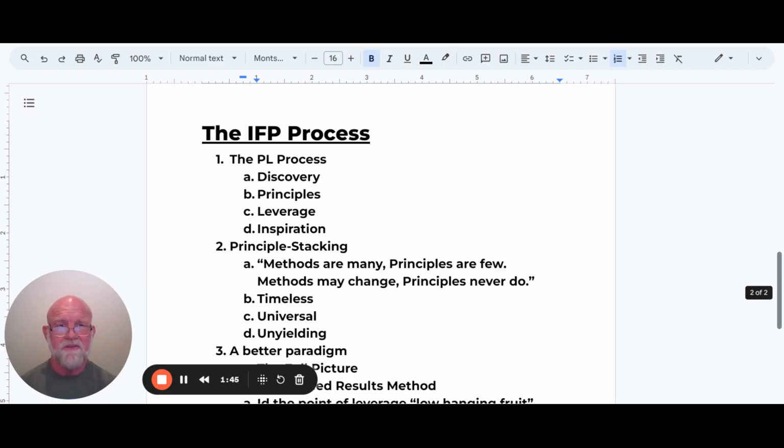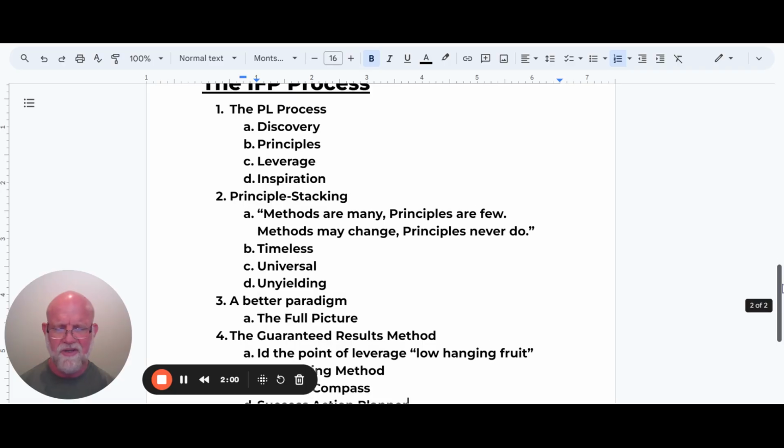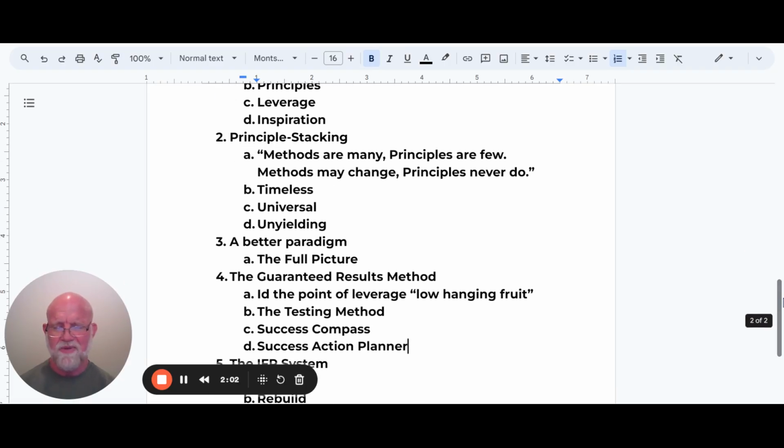With that, I'm also looking for what's your inspiration, like what is it that truly drives you? What are your challenges? What are the things that could stop us, that could get in your way of getting your result? And so that's the PL process. I mentioned principle stacking. So principle stacking, it's not really a process, it's just what happens.